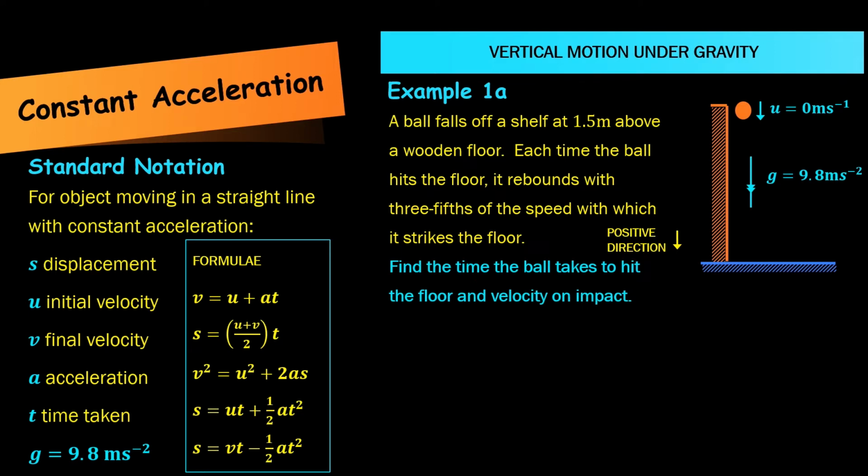Gravity or acceleration is equal to 9.8 meters per second squared. The distance it travels is 1.5 meters, so s equals 1.5 meters. We are required to find the time the ball takes to hit the floor, so t. We're also required to find the velocity, but let's take a look at time first.